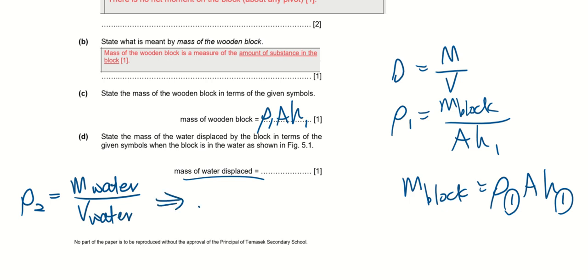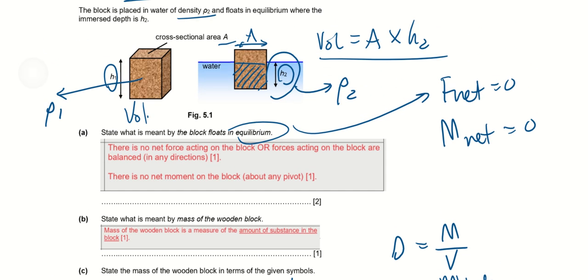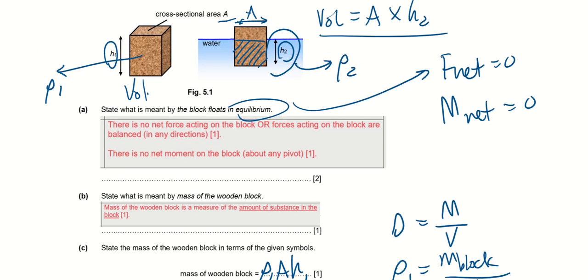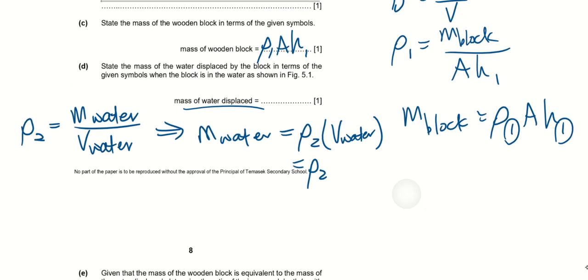So mass of water is equal to rho 2 multiplied by the volume of water displaced. Now, what is the volume of water displaced? It is the cross-sectional area of the block multiplied by H2, A H2. So your final answer should be rho 2 A H2.